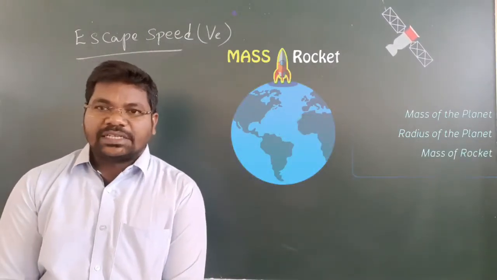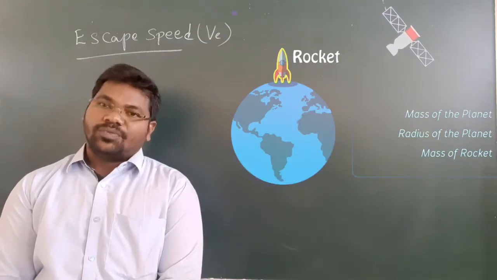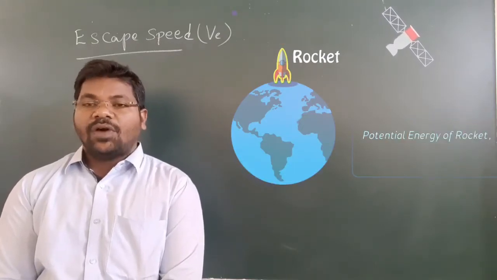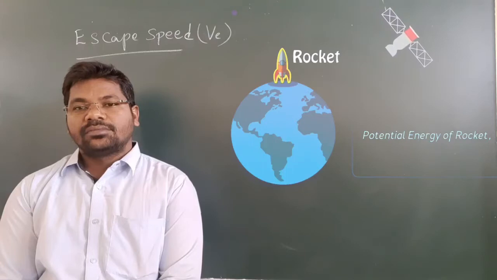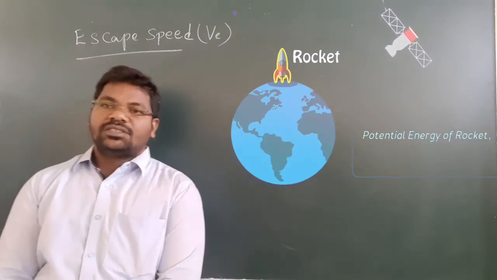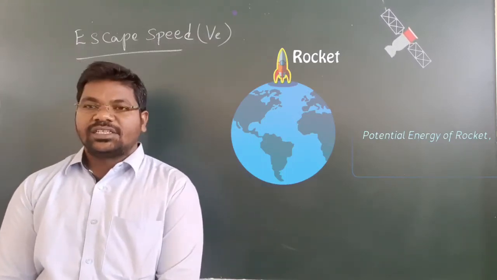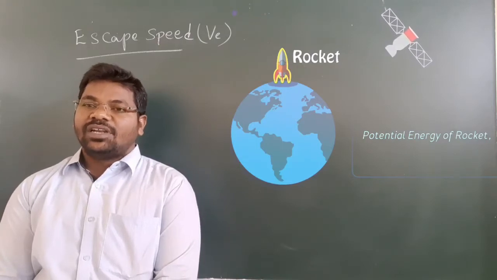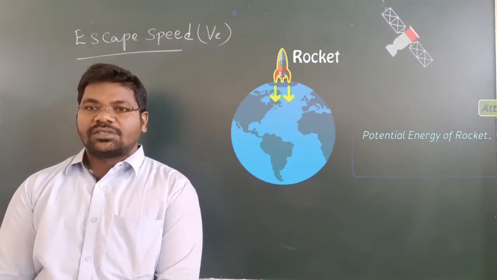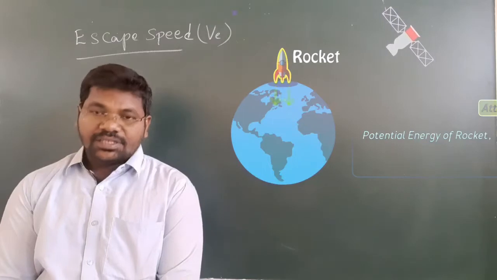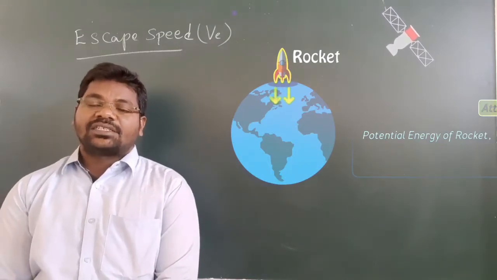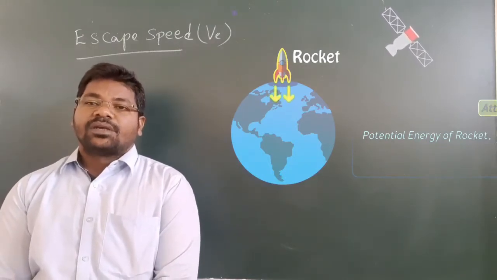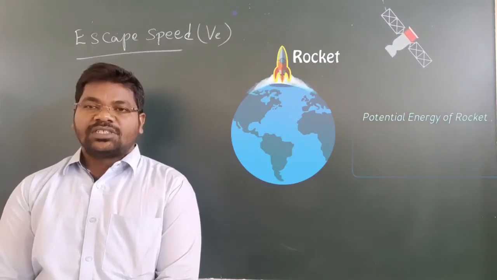See here, we can project a body upwards. What happens? After reaching some height, the object will return towards the earth surface. Gravity acts on the body to bring it back to its original position.